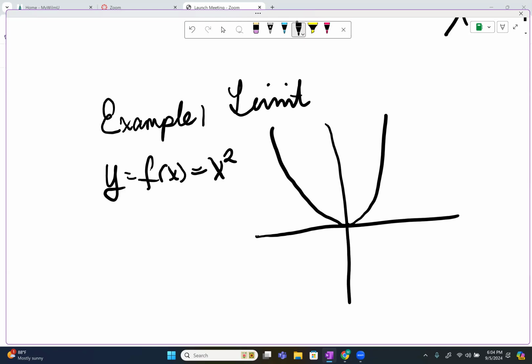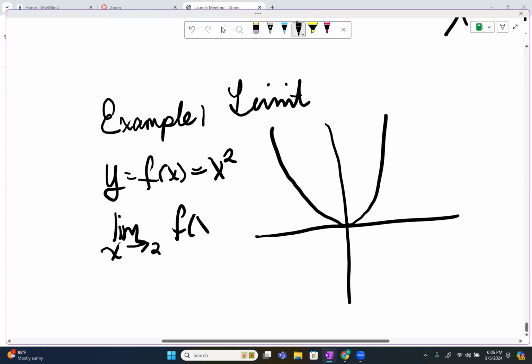It says find the limit as x approaches 2 for f of x. So if you notice, as x approaches 2, we go 1, 2, 3, 4, and obviously that point is right here. You can see that the limit, as x approaches 2, f of x equals 4.